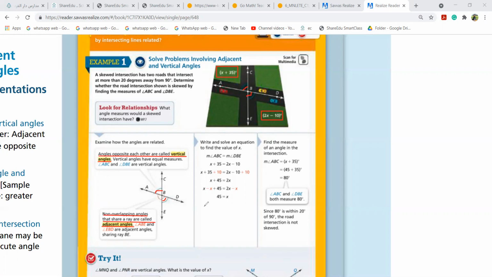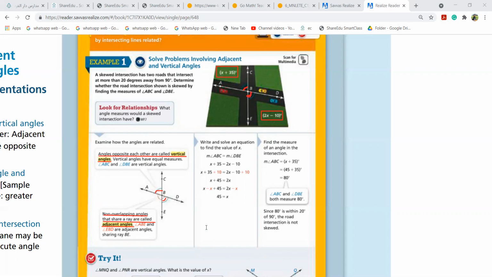Okay. See here. Angles opposite to each other are called vertical angles. Non-overlapping angles that share a ray are called adjacent angles. Now, when I said these two lines are opposite to each other, these two angles, do you see here, Majdaleen? These two angles are opposite to each other and they are equal.